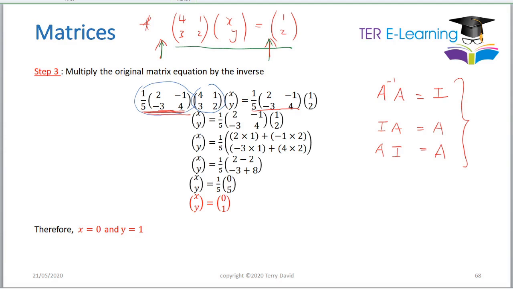So can somebody tell me, when I multiply those two matrices, what am I getting? Anybody? When I multiply those two matrices, what am I getting? It's not a trick question, and it's just one answer.